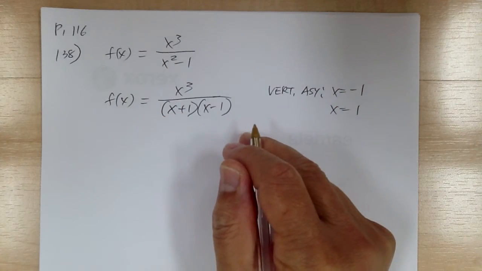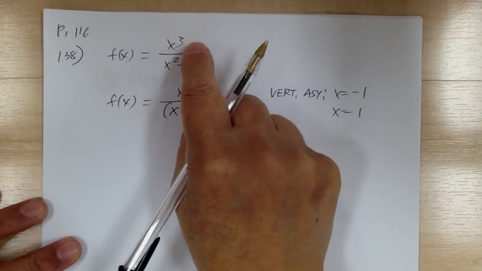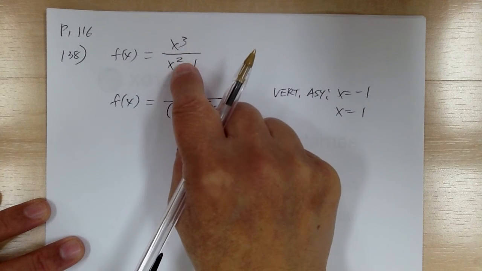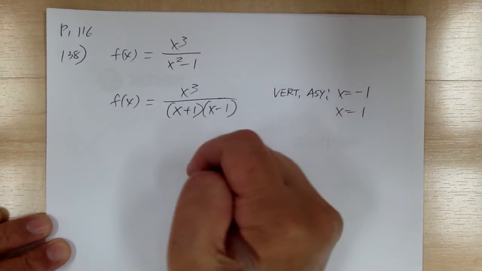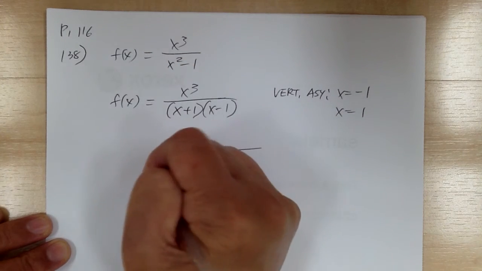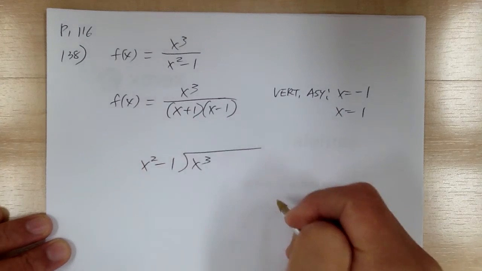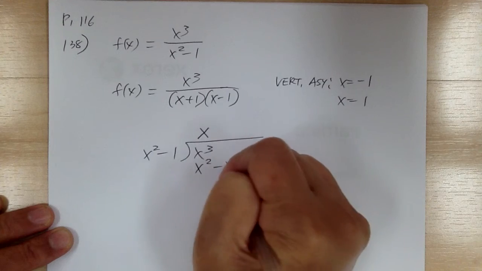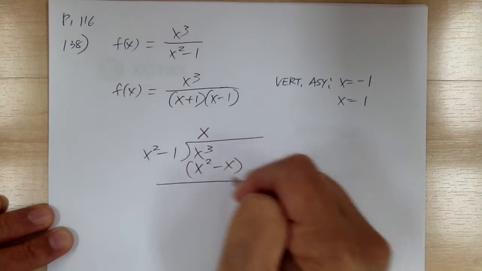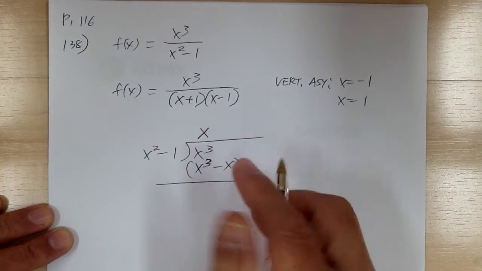Next, the degree on the top is bigger than the bottom, so you're going to get a slant asymptote. To find the slant asymptote, you have to divide x cubed by x squared minus 1. This would be x, so it would be x squared times x, x cubed minus x.